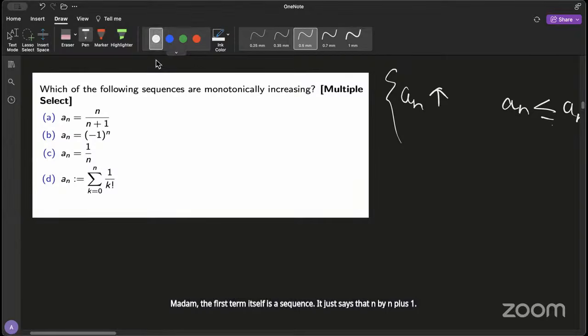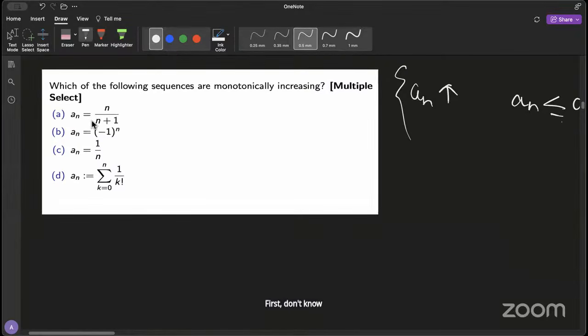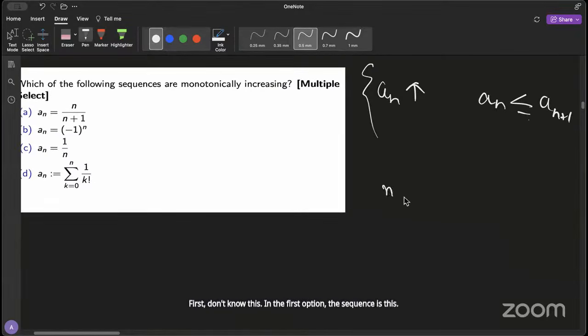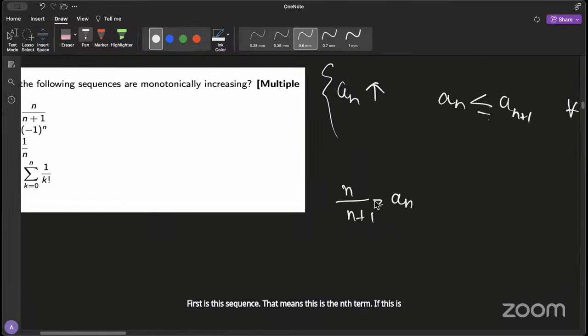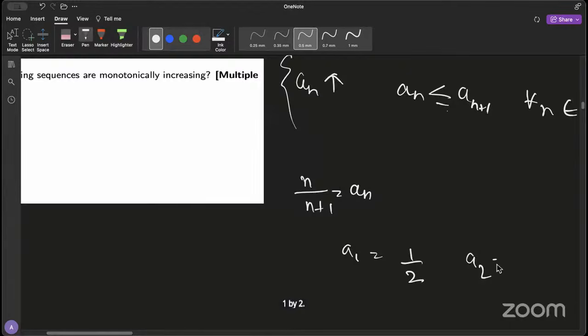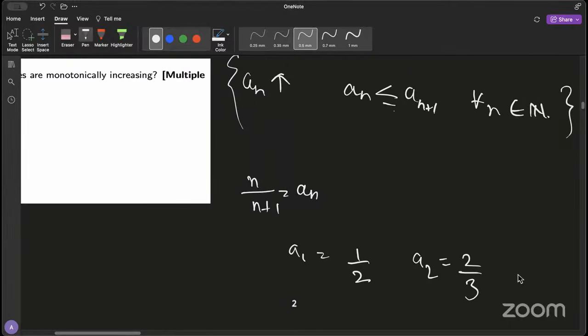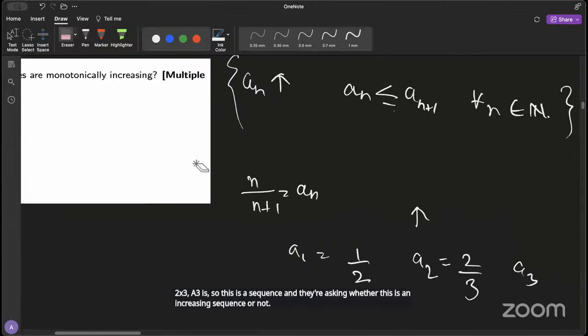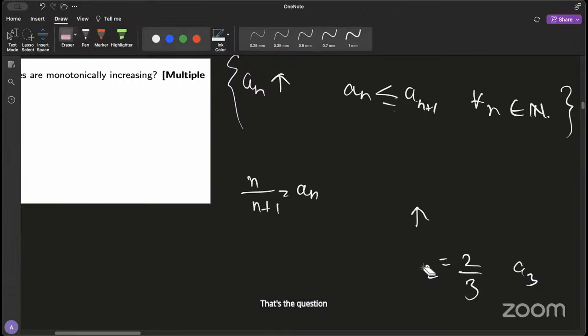In the first option, the sequence is this. That means this is the nth term of your sequence. That means A1 is 1 by 2, A2 is 2 by 3, A3 is, so this is a sequence, and they're asking whether this is an increasing sequence or not.